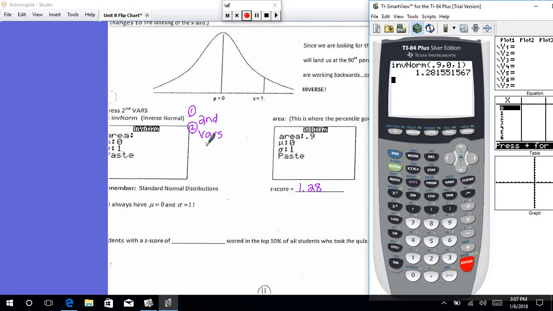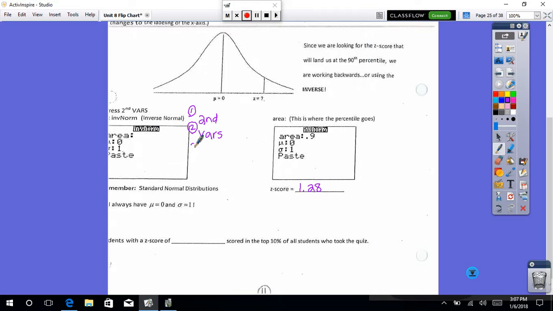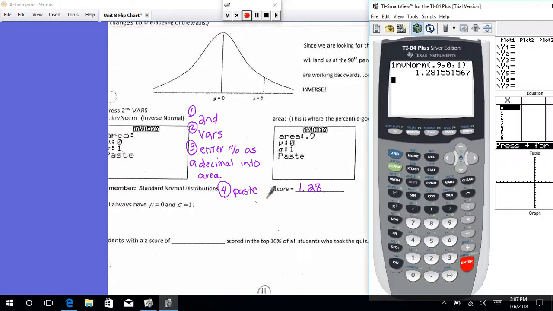Again, we hit second vars, and then in the area section, we entered the percent as a decimal into area, and then we scroll down to paste. We didn't mess with anything else.